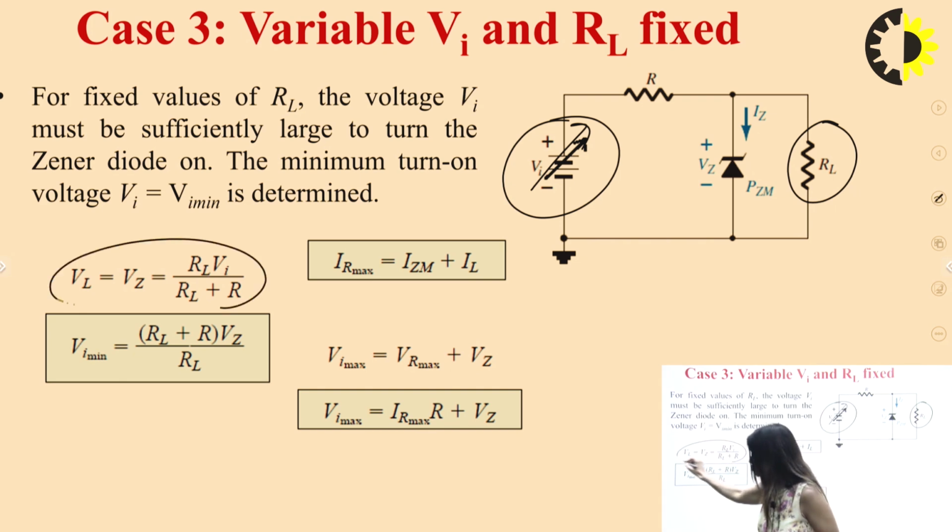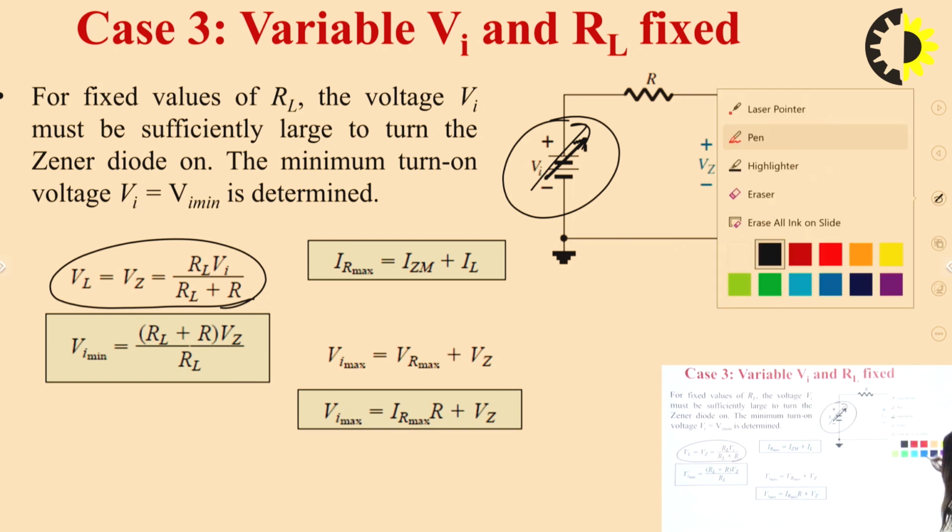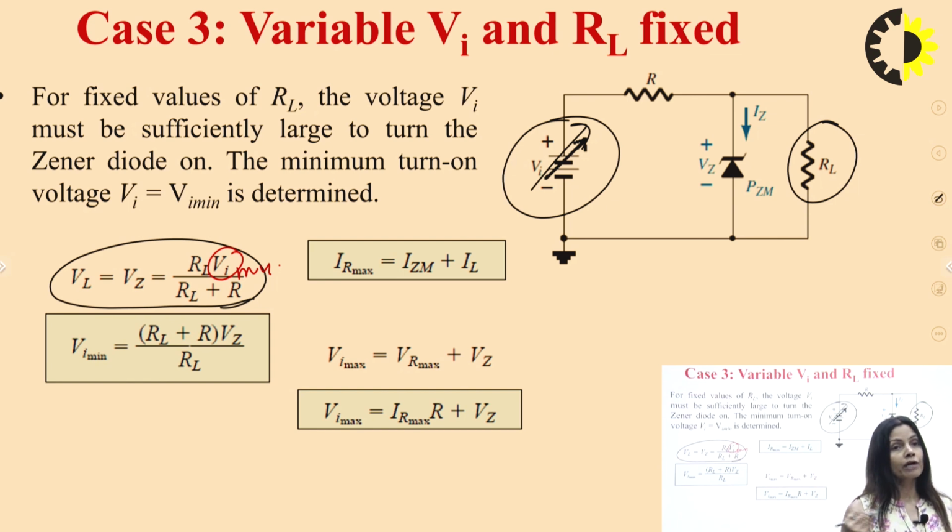You will use the same formula, but in this case, in place of Vi, you will write Vi minimum, and Vi minimum you can find out from the first step. Okay, Vi minimum you can find out from the first step, right?